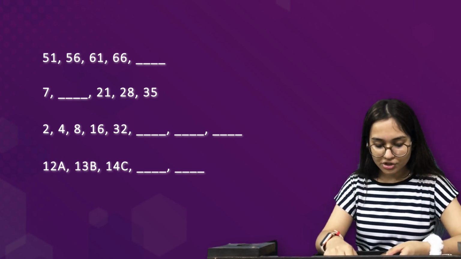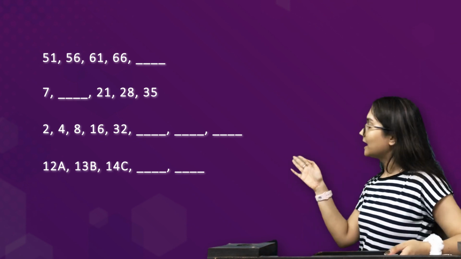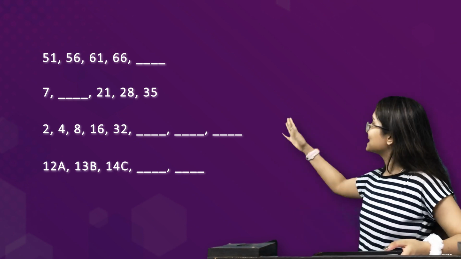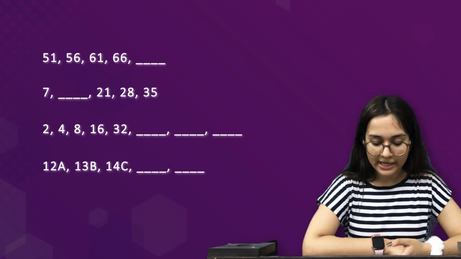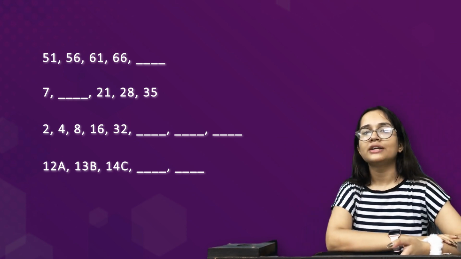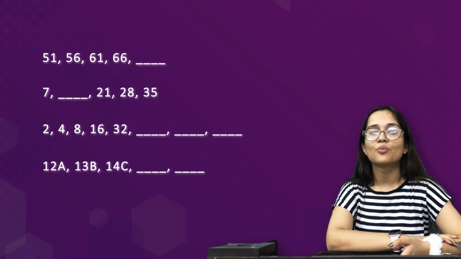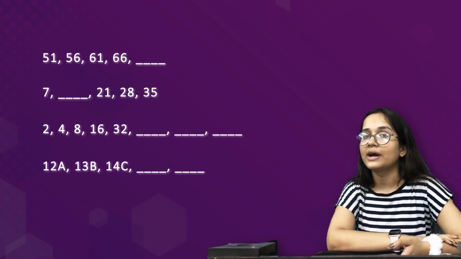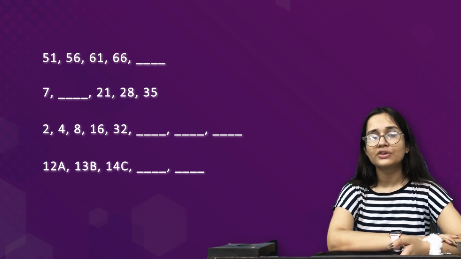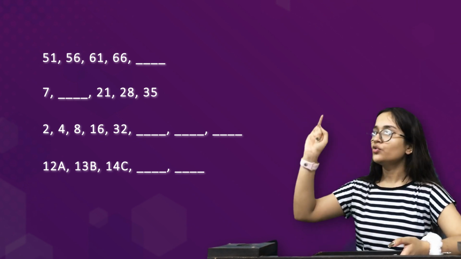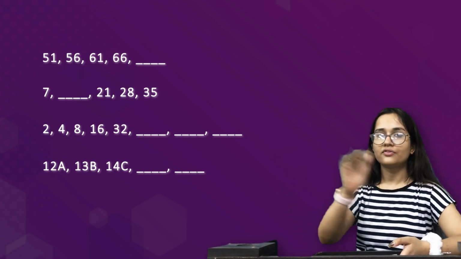So for the first question, we have 51 and then 56. Then it's 61 and then 66. So what are we doing actually? When we add 4 to 51, how much will we get? We'll get 55. But the next number is 56. So when we add 5 to 51, how much will we get? 52, 53, 54, 55, 56.